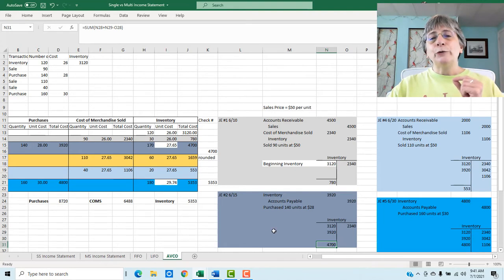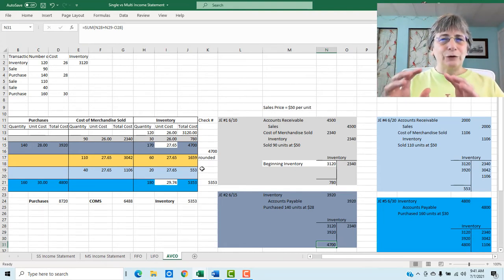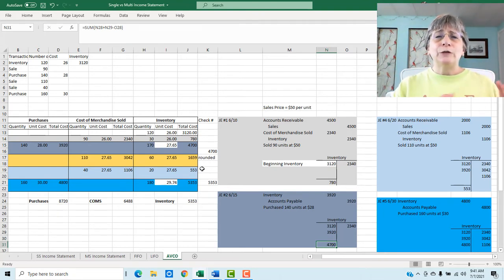So what does that do for us on the average cost side? And this is where using those journal entries and T accounts can really help you with this average cost method. So we know that we have $4,700 of cost in our inventory right now. And we know that we now have 170 total units.